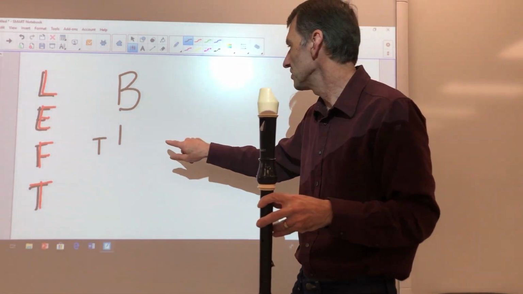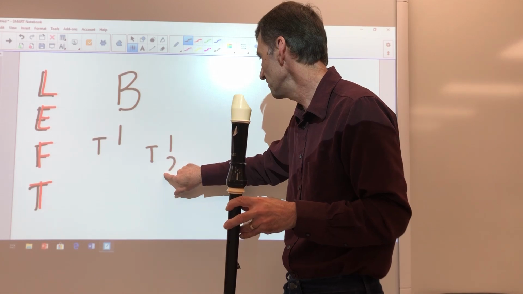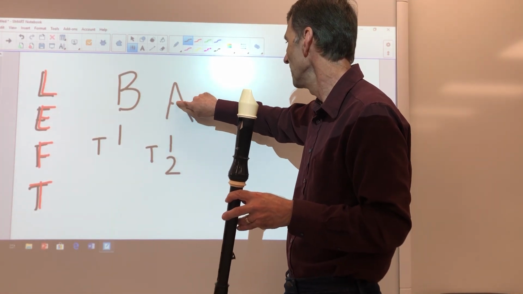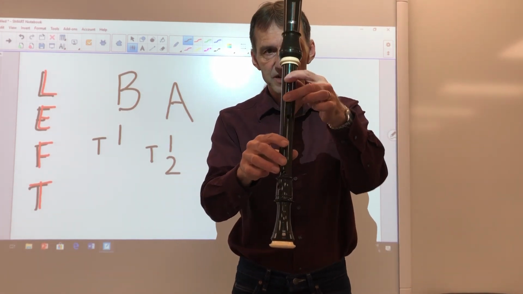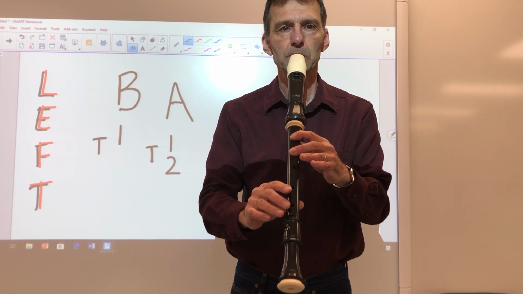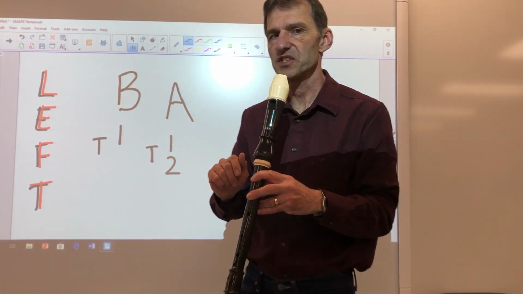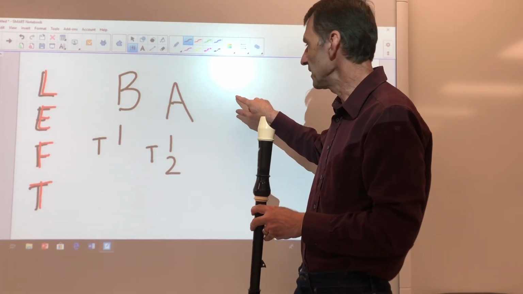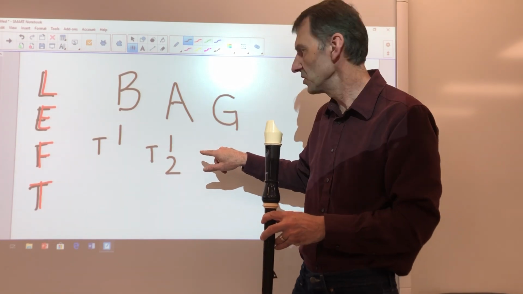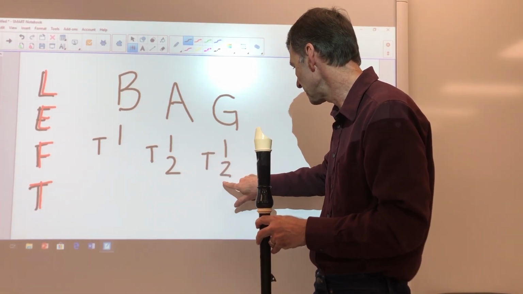When you add your second finger, so thumb and two fingers, that gives us the letter name A. And the third one we're going to use in this lesson is the letter name G. This was the note that you played with your left thumb and three fingers.